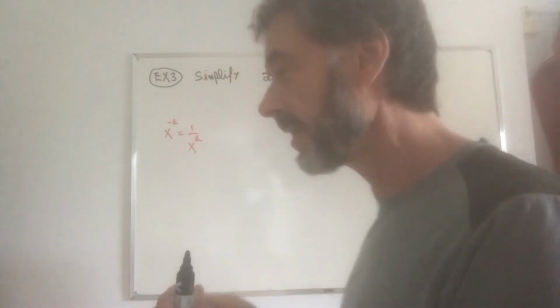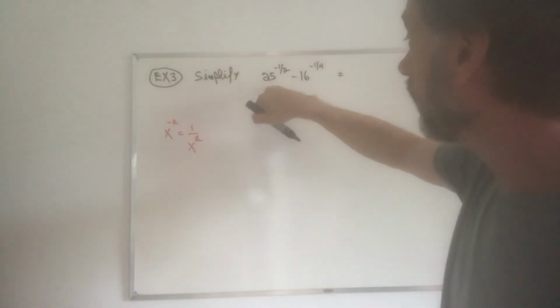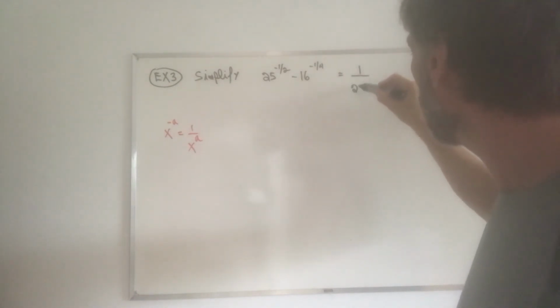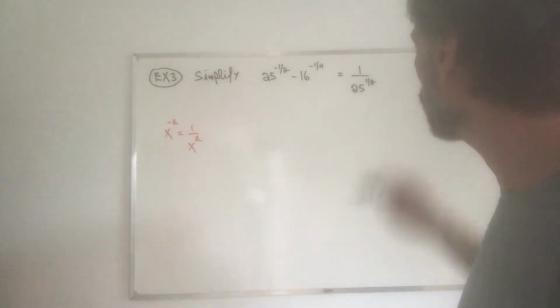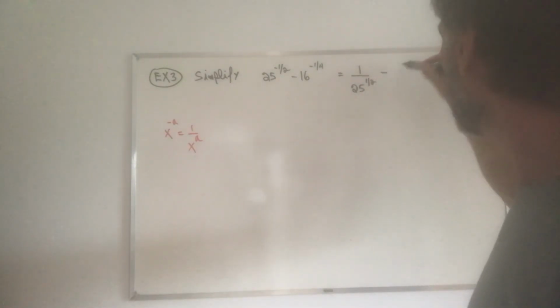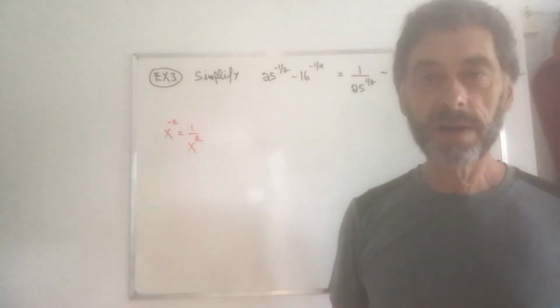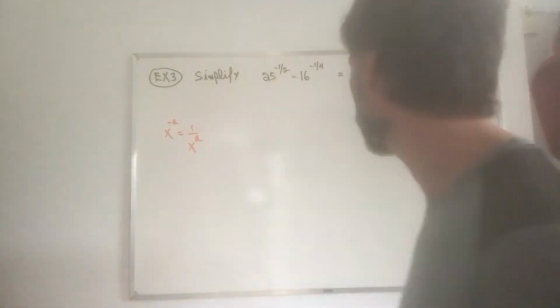And I will apply this not once, but twice. So 25 to the minus 1/2, same thing, is 1 over 25 to the 1/2. Minus 1 over 16, and then the minus 1/4 downstairs becomes a positive 1/4.